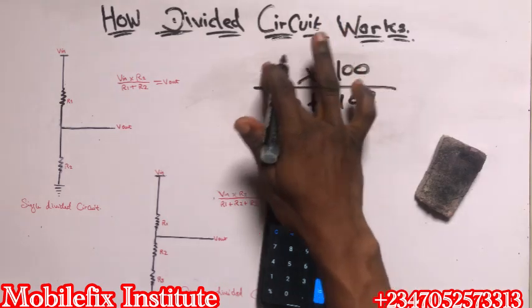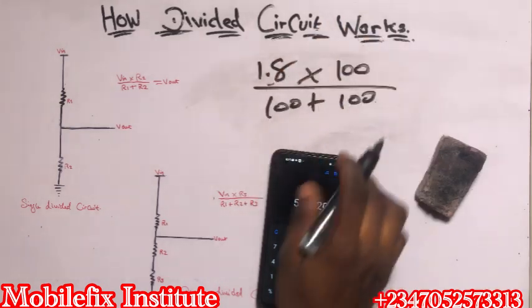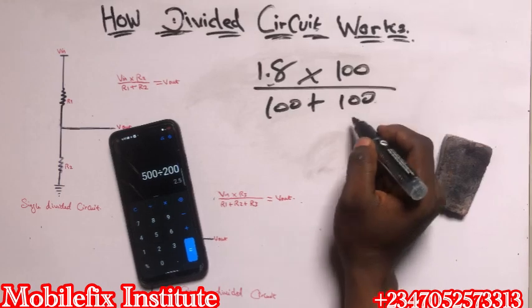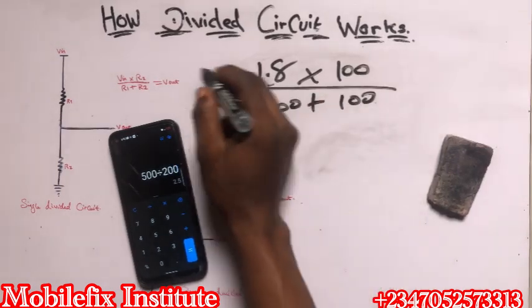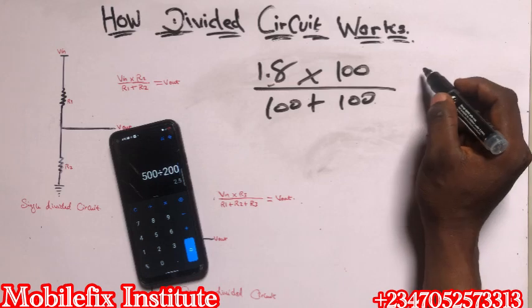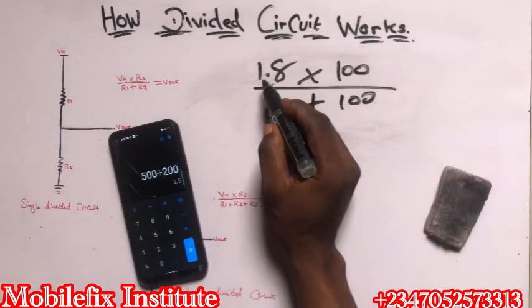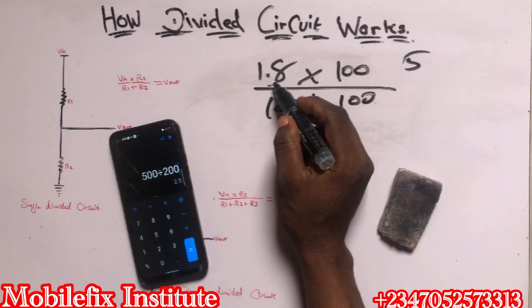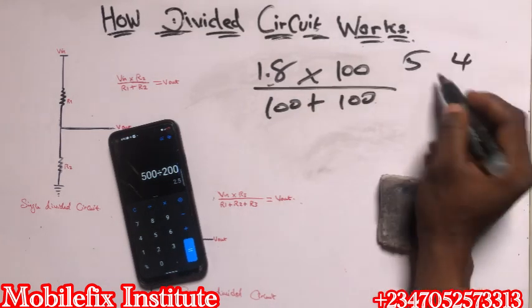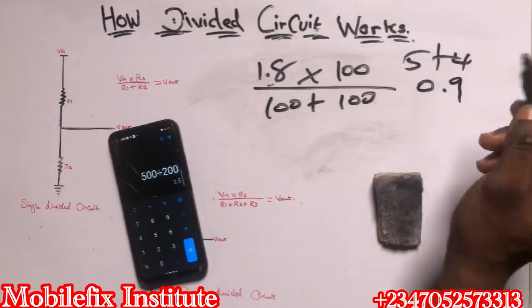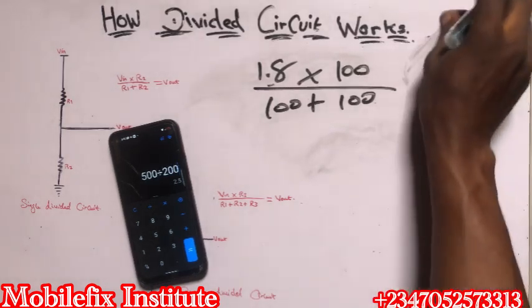For example, let's say this line is 1.8 and R1 is the same as R2. If you divide 1.8 by 2, it will give us 0.9.